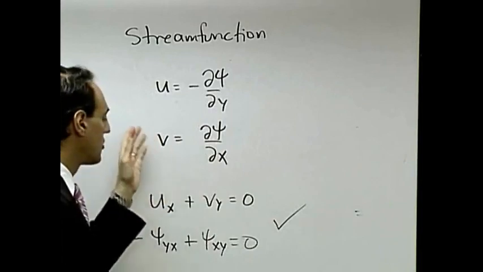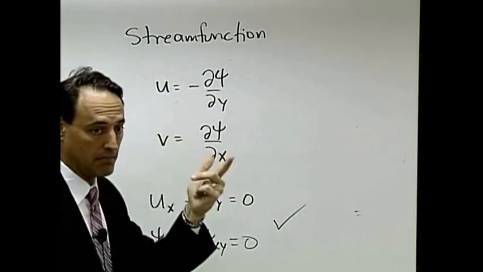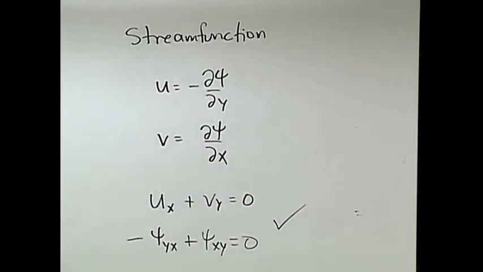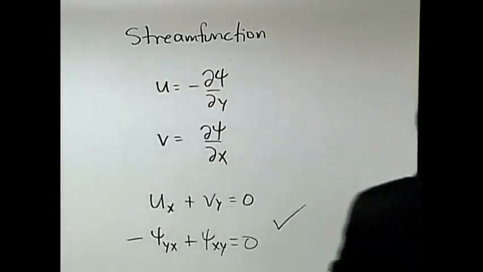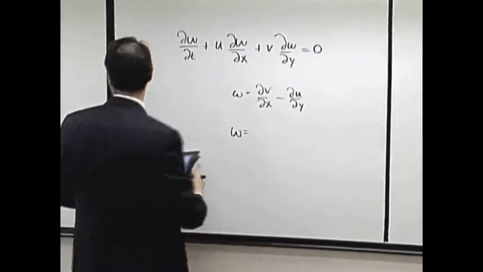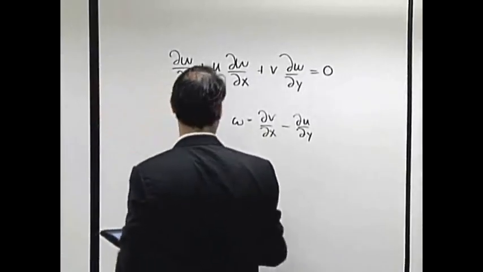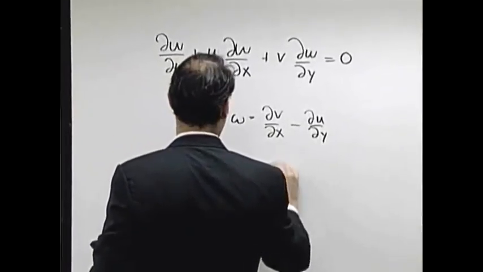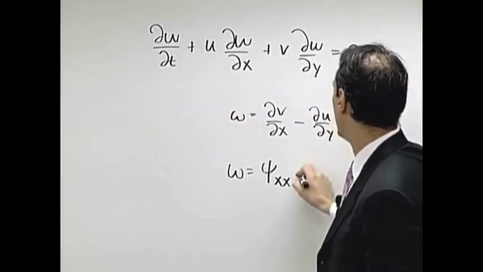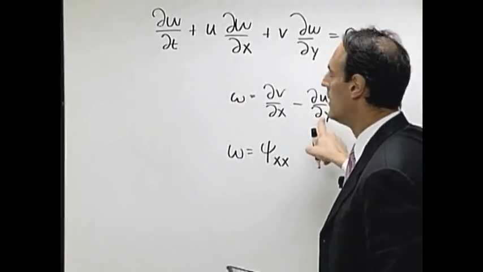How does this stream function relate to vorticity? It's another question to ask. All right, let's calculate it. Omega is equal to dv/dx. Well, v is psi of x, so that's going to give us psi xx, minus du/dy.